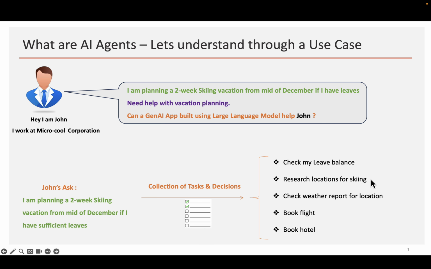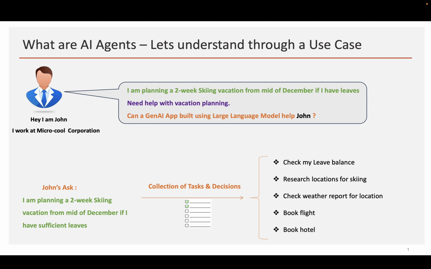Research location for skiing: if you ask ChatGPT to tell you the best location for skiing, it will be able to give you that. Check weather report for location: that also will not be possible, because the LLM models are trained at one particular time. They may not have the correct information of the weather at the right moment, or maybe after some time.